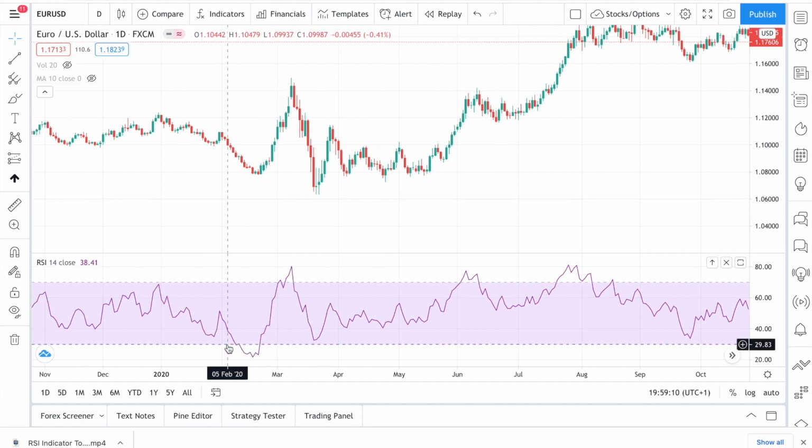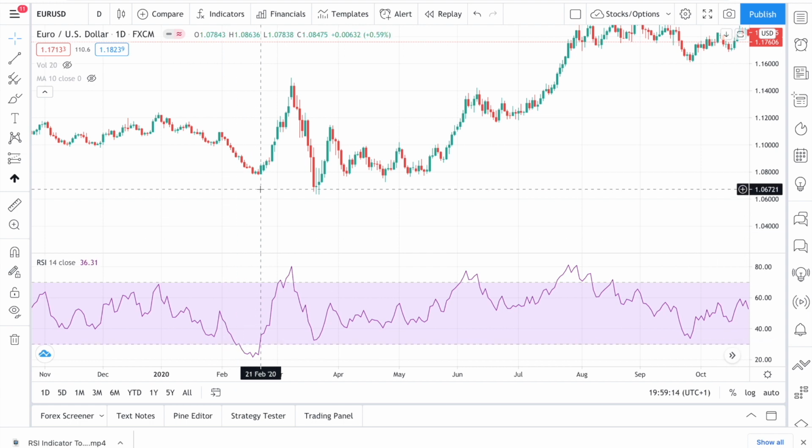If the RSI value is 30 or below, then you can see the security as oversold, so you can start realistically expecting that the value of that security is going to rise.